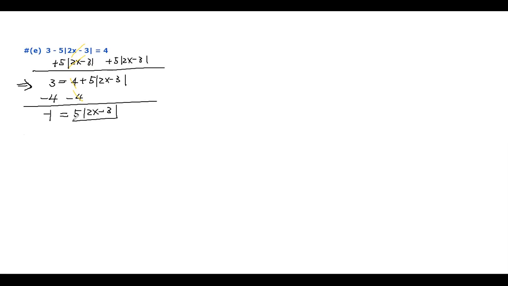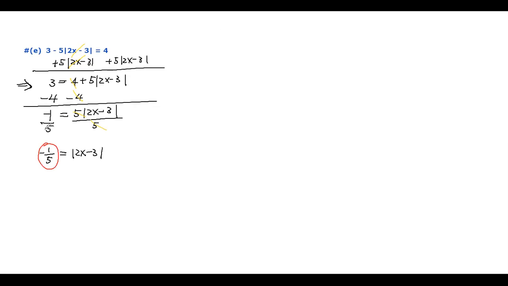Now I want just the absolute value, so I divide both sides by 5. So negative 1/5 equals the absolute value of 2x minus 3. Some students will say, okay, let's break the absolute value and solve it. But you should immediately spot that this absolute value is equal to negative 1/5.